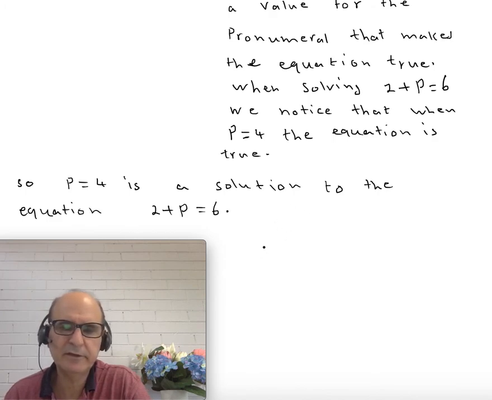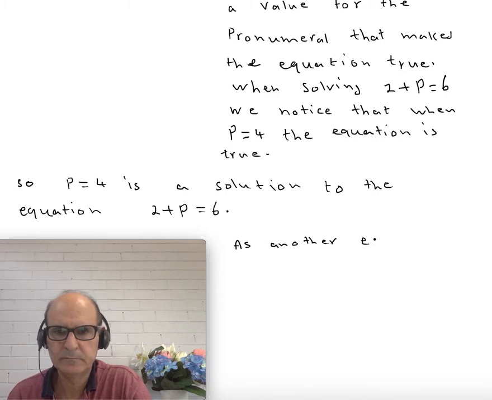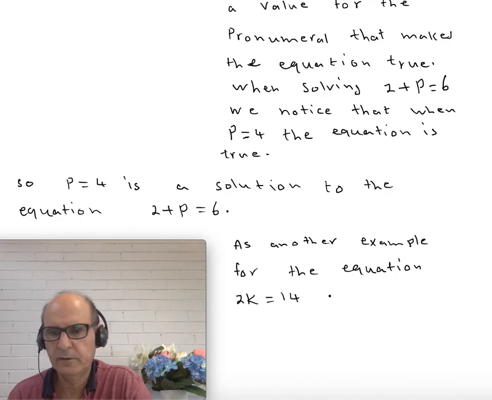As another example, for the equation 2k equal to 14, the solution is k equal to 7.